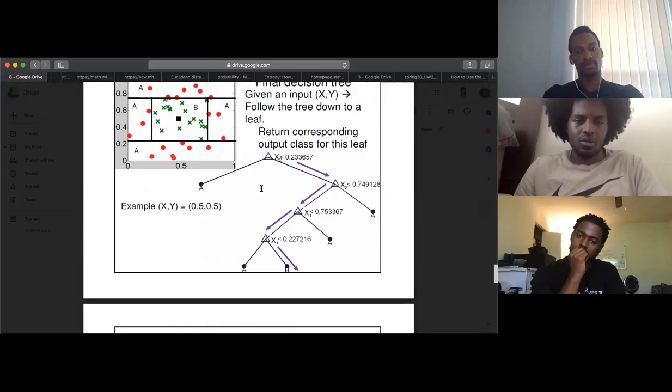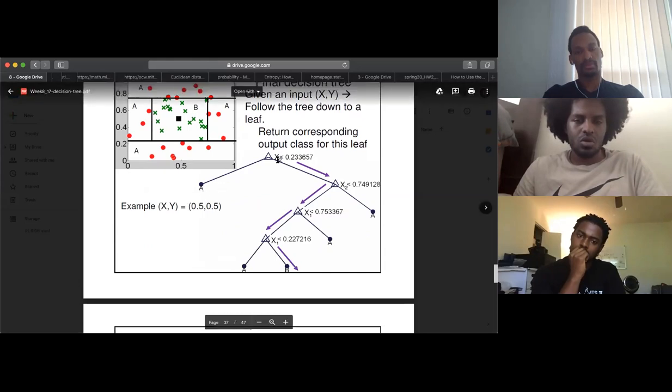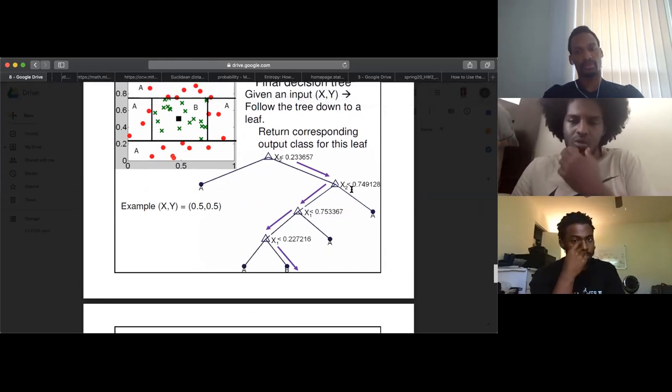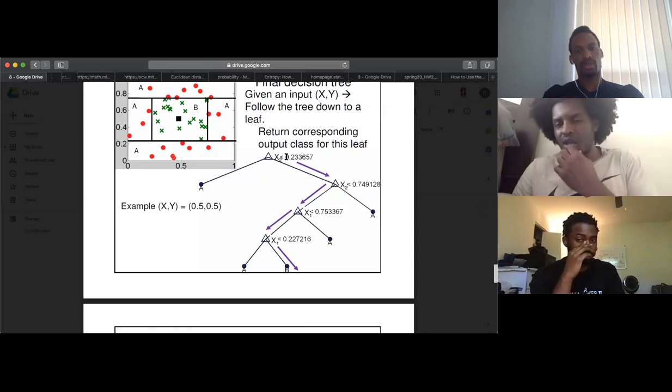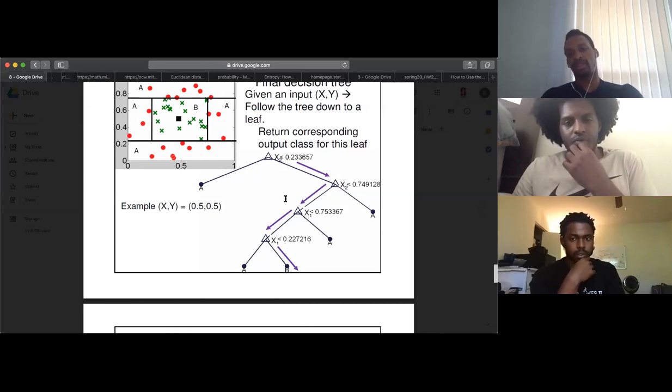I think they might have messed this up with the errors, like the direction of the symbols, because x2 is greater than 0.5, so you go this way. But they have x2 as less than 0.5 or less than 0.2, you see? Yeah, I think they've characterized the split as always going left for the split value.